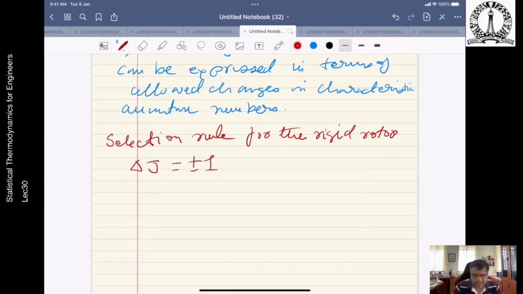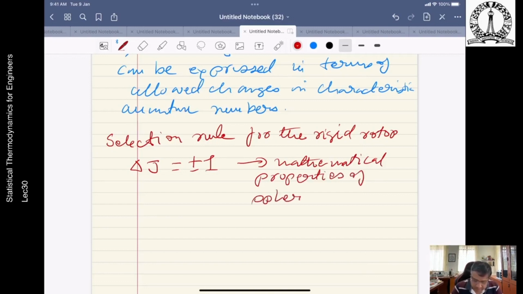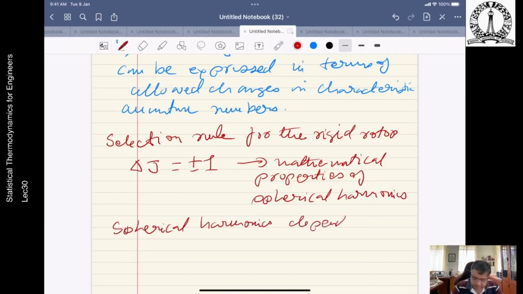This comes from the mathematical properties of spherical harmonics, which depend on theta and phi.